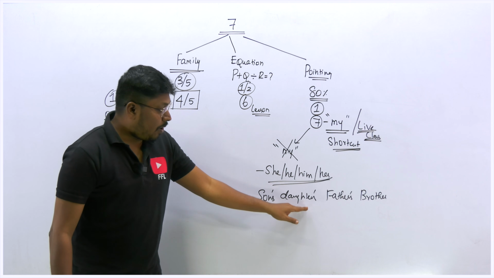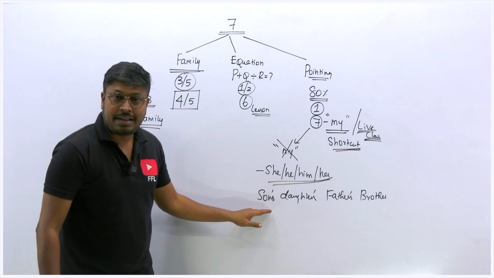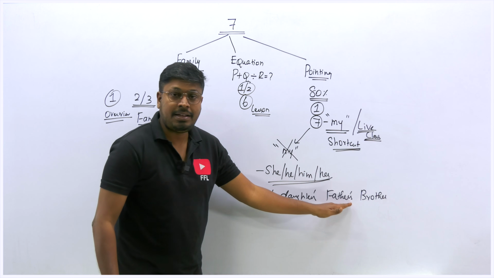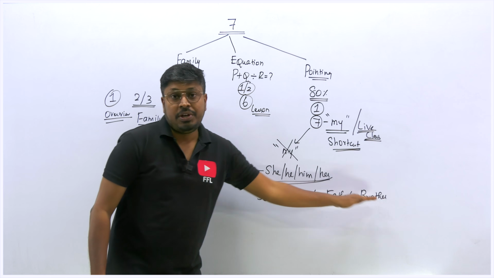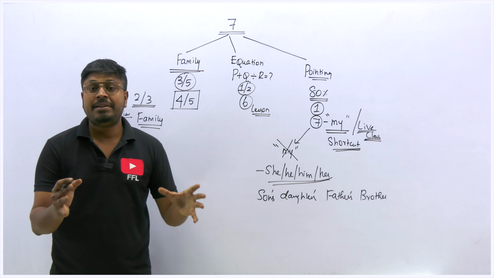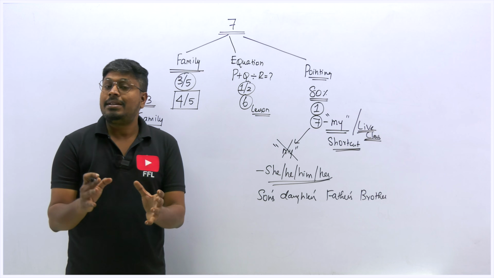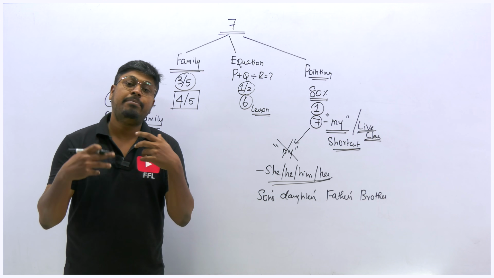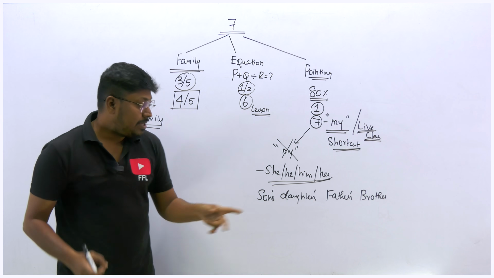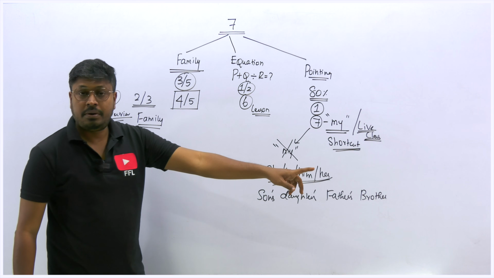Son, daughter: for the son, some person's son; for this son, daughter; for this daughter, father; for the father, brother. You have to draw in a step-by-step way to get the family tree perfectly. So these are the different ways that you can see a question which does not contain the word my.